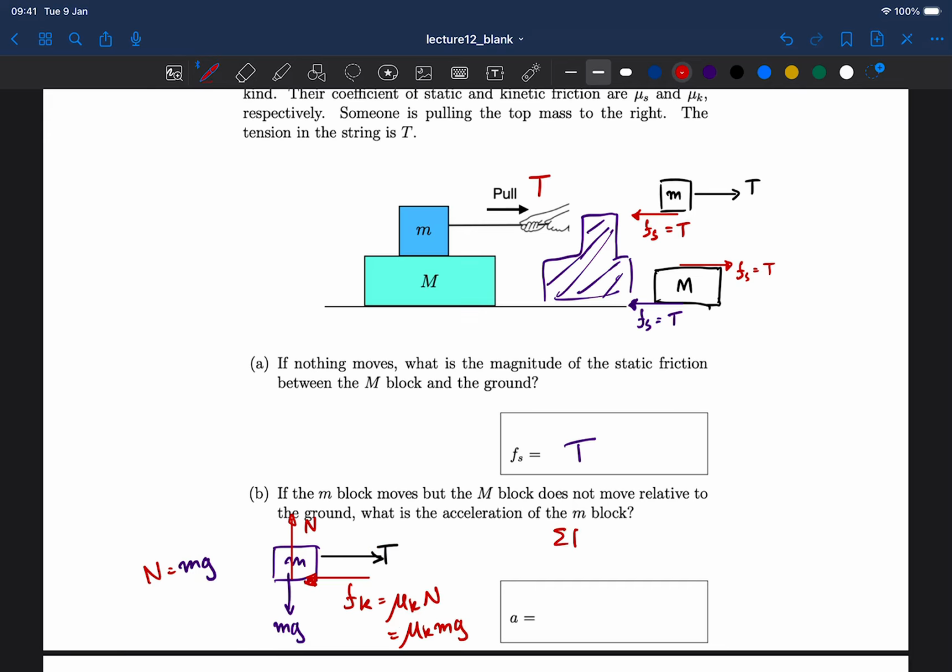So from sigma F equals ma, sigma F is just tension minus kinetic friction, mu k mg, and this is equal to ma. So we can solve for a easily. That's just tension divided by m minus mu k times g.